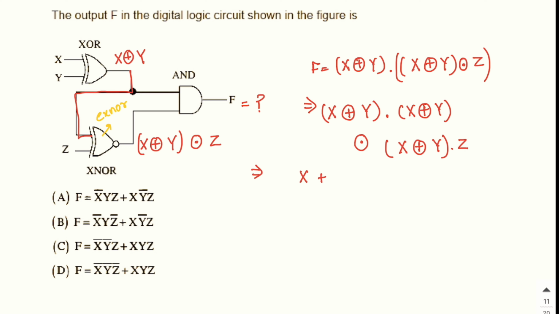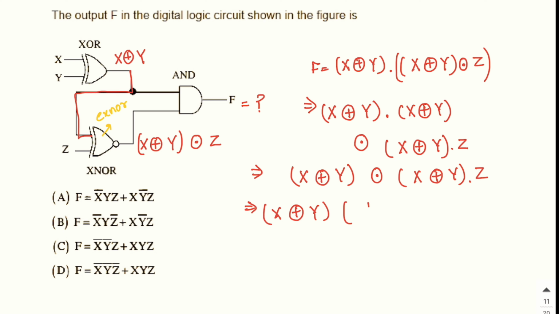So this is X XNOR with Y, XNOR with (X XOR Y) dot Z. We can take X XOR Y common, and we have 1 XNOR with Z.